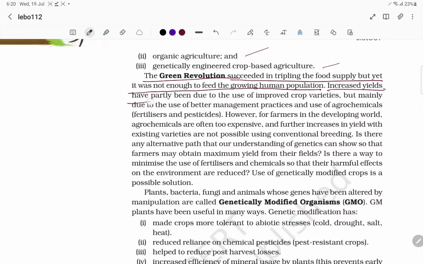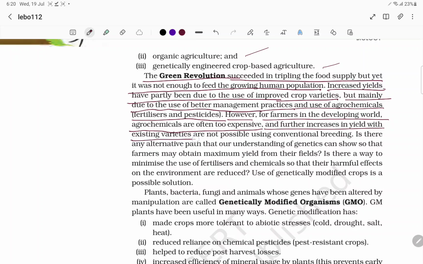Increasing yields have been partly due to use of improved crop varieties, but mainly due to the use of better management practices, use of agrochemicals, fertilizers and pesticides. However, for farmers in the developing world, agrochemicals are often too expensive. And further increase in yield of existing varieties is not possible using conventional breeding.